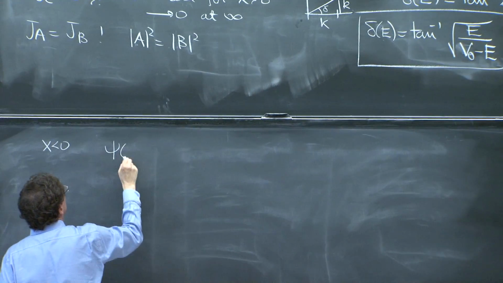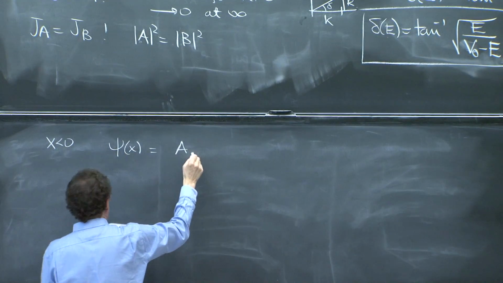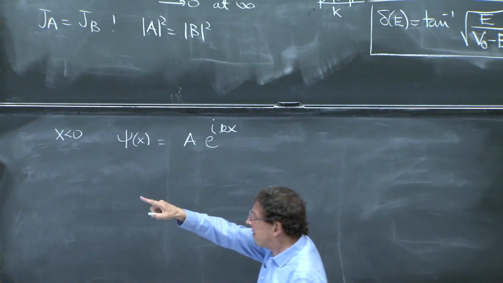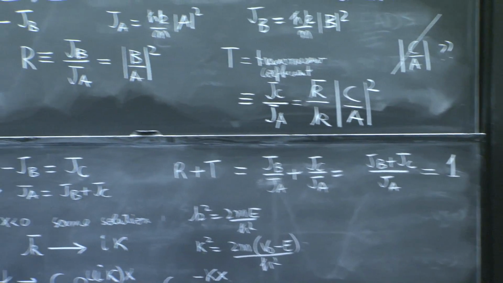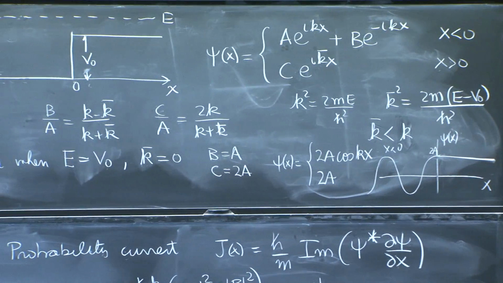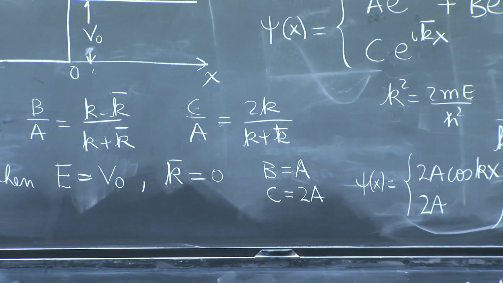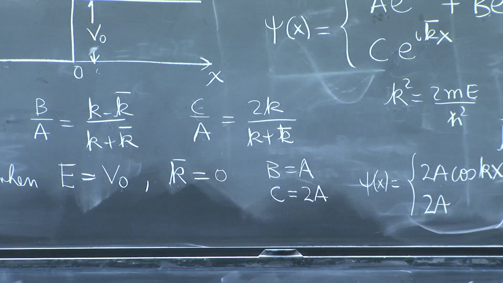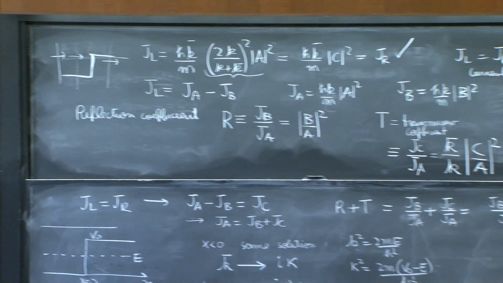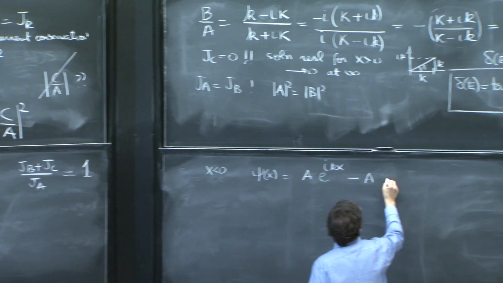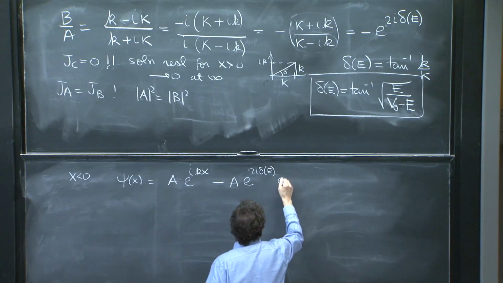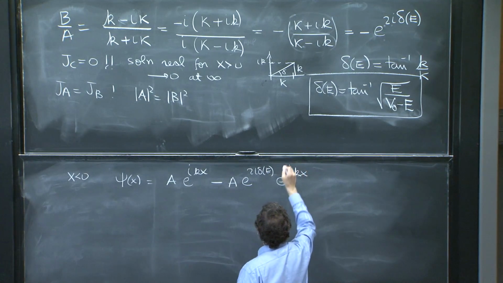Well, psi of x would be a e to the I kx plus b e to the minus I kx, all the way to the left there. Of course, we now know what the b is, so this is minus a from the ratio over there, e to the 2I delta of e, times e to the minus I kx.